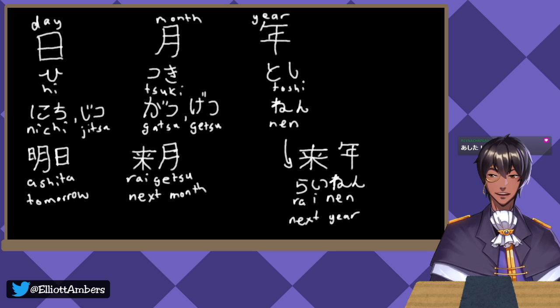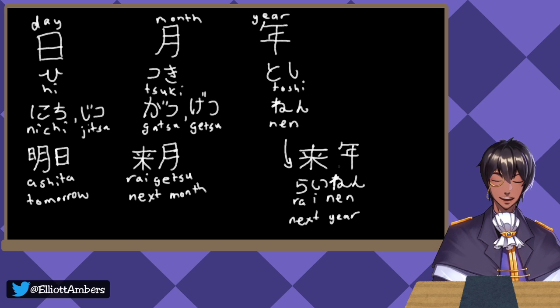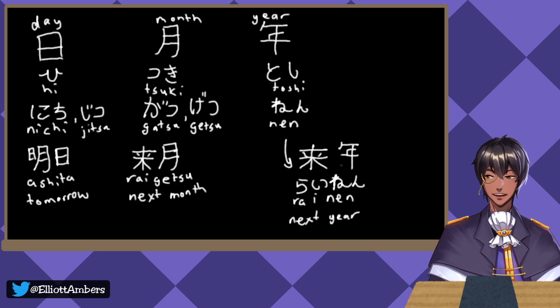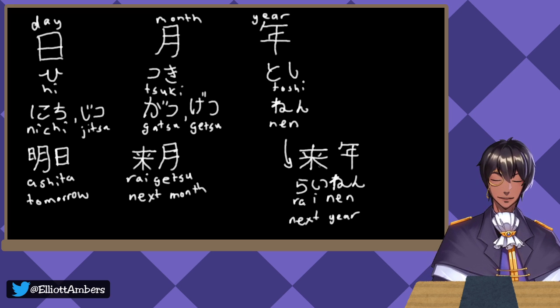So you can see here this prefix, raigetsu, rainen. That rai as a prefix typically means next. More specifically, it's next, coming, like the future. And that's actually one of the two kanji used in the term future, which is mirai.